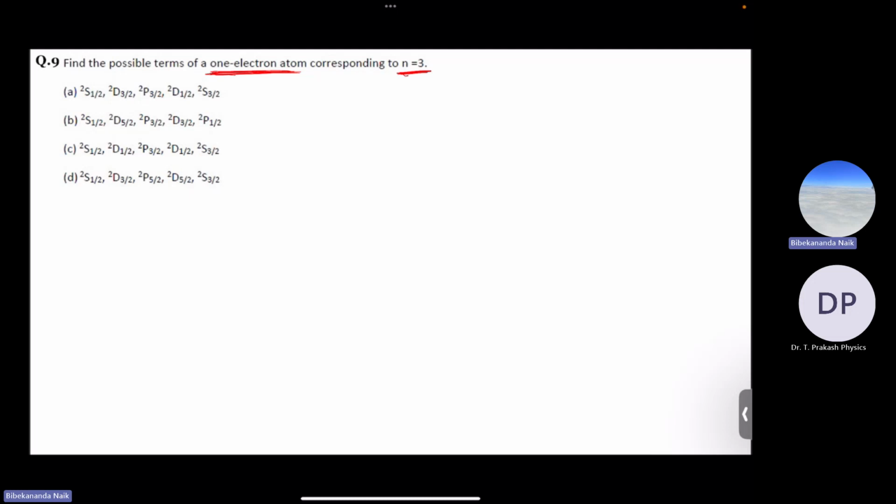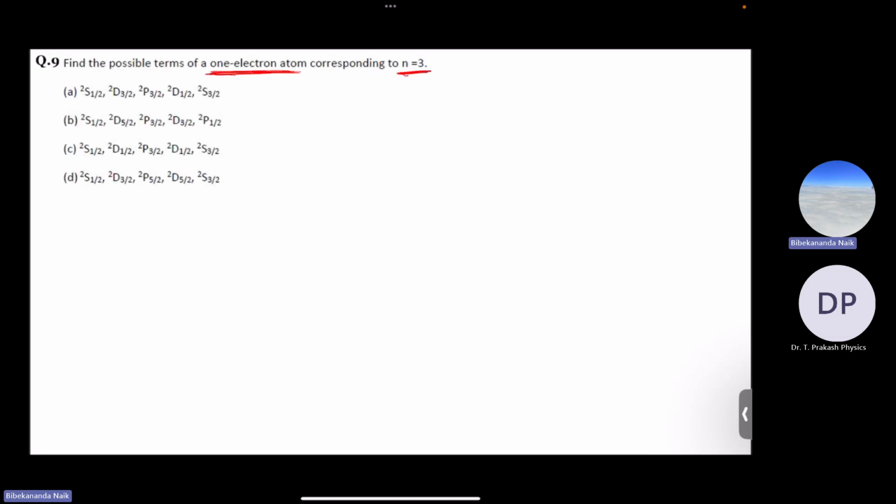Okay. So now let's calculate. Here it is only one electron, so S is half and n equals 3. We know for n equal to 3, L can have values 0 to n minus 1. So L is 0, 1 and 2.